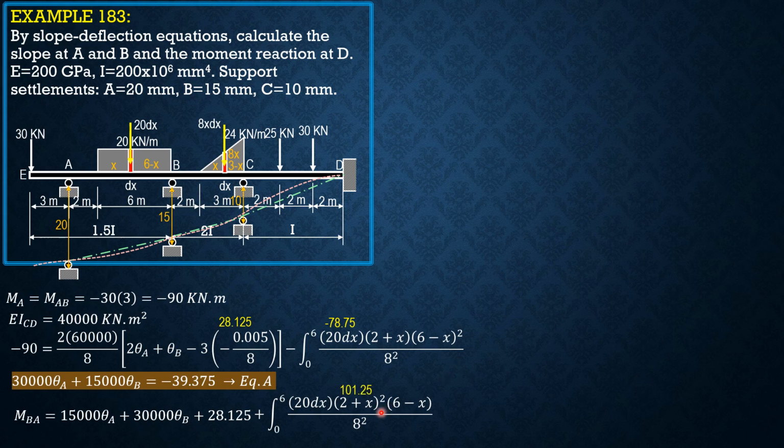The value of this integral is 101.25. Therefore, MBA is 15,000 theta A plus 30,000 theta B plus 129.375. Call that equation 1.